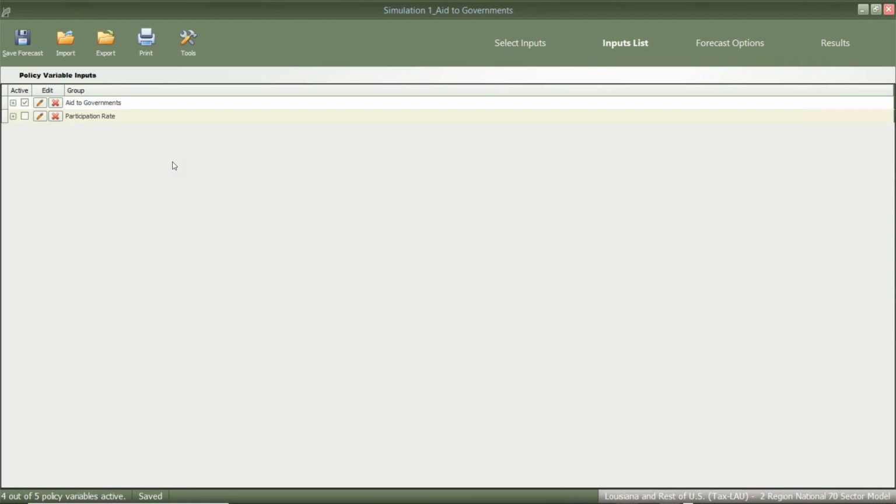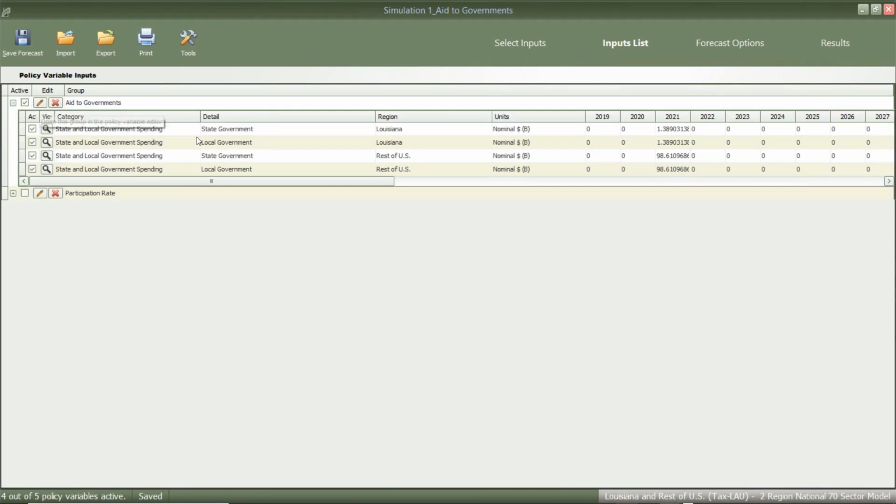So let's have a quick look at our input list. We select the state and local government spending as the policy variable, and then we impose a 200 billion increase in the government spending, and this increase will be spread across Louisiana state and also the rest of the United States.